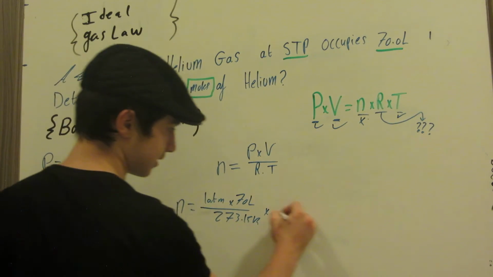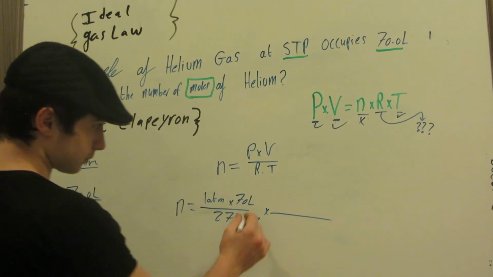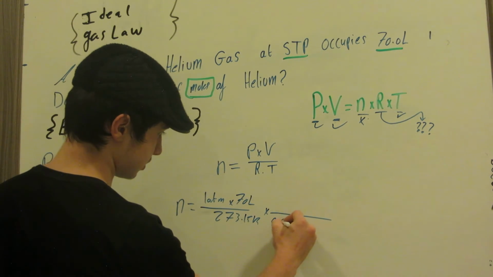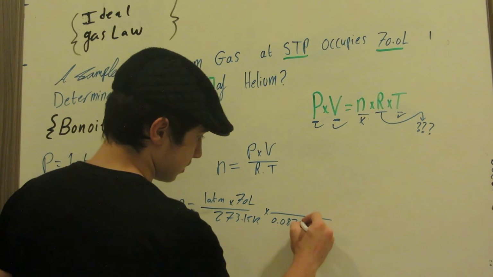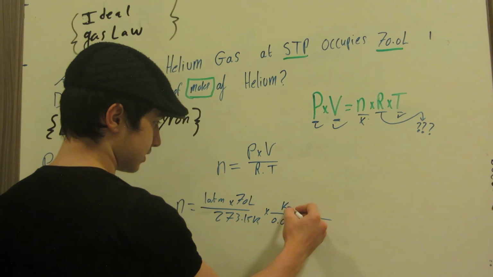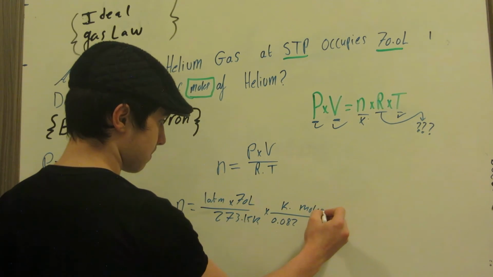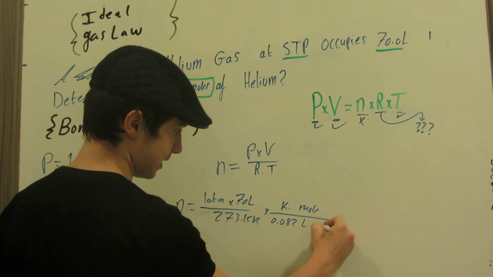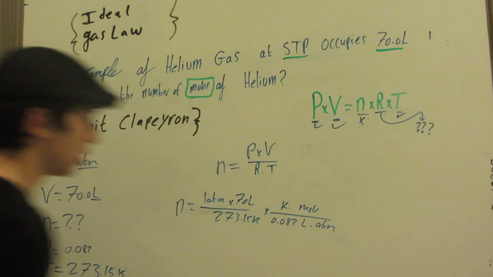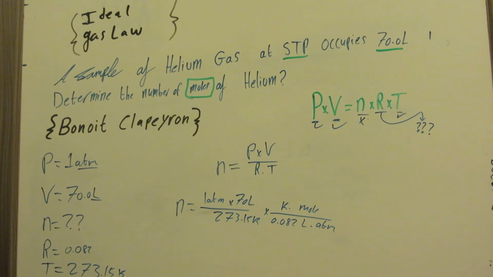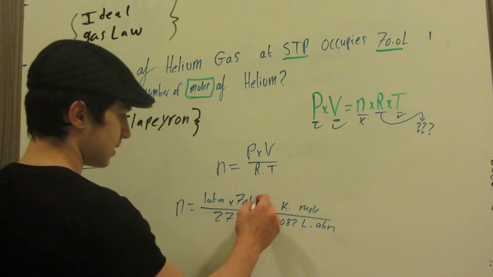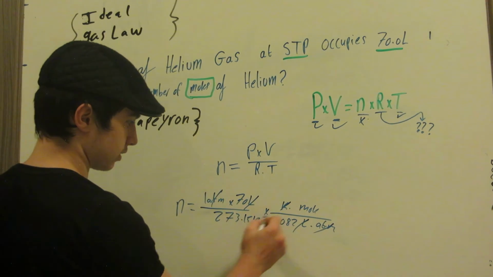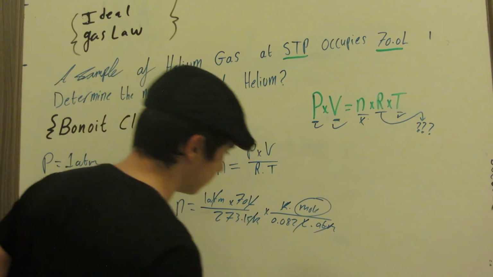Put a multiplication sign, and we're going to have the R down there, so it's going to be 0.0821, with the Kelvin units up, moles up, multiplied by the L times ATM, Latin. Why did we do that? In order just to cancel units. So this goes with this, Kelvin goes with Kelvin, we're left with mole.